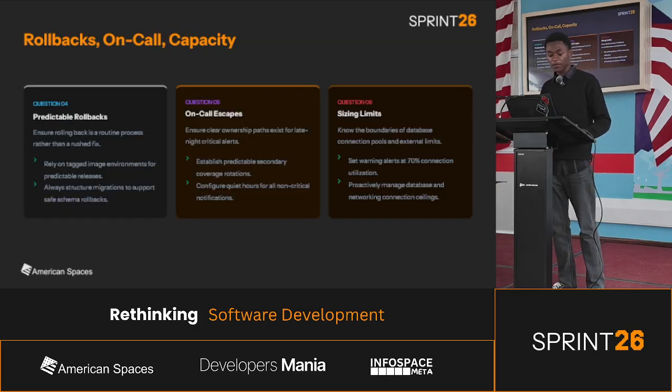Then next we have the rollbacks, on call, and capacity. Now rollback is going back. So while you are in development, you should tag your releases. For example, today you released a feature in Z2, you tag it as version 1.